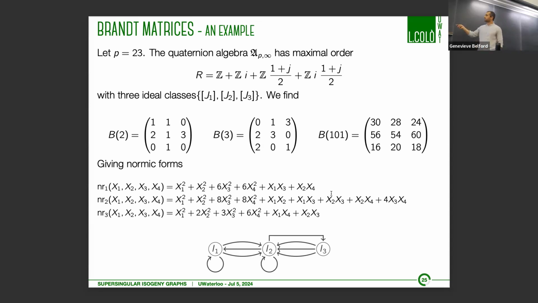And you can use the information about this Brandt matrix or the norm function to reconstruct the graph of relations between the ideals in the quaternion algebra. If you reconstruct this graph using this information, you obtain something that looks exactly like the isogeny graph over F_23.